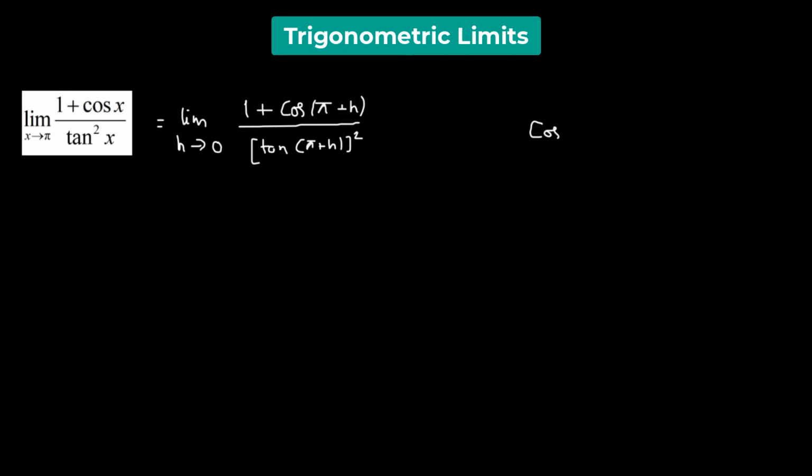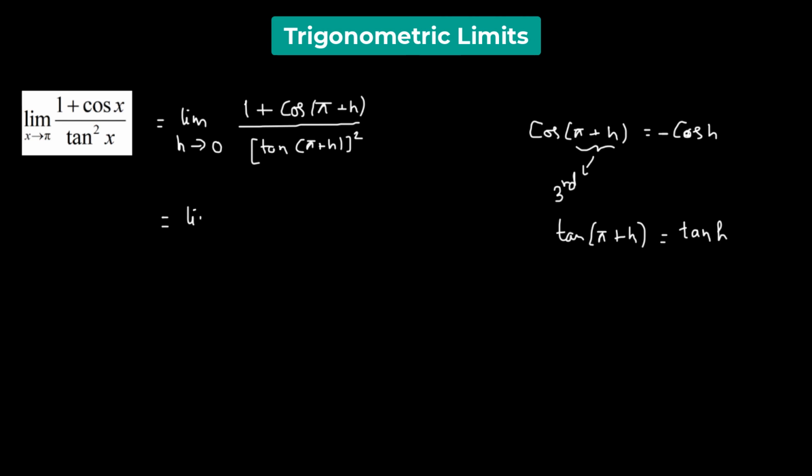Now cosine of pi plus h is equal to cosine of h, but pi plus h means we are in the third quadrant. So in the third quadrant, only the tangent function is positive. So that means we'll have a negative cosine of h, and that means tangent of pi plus h will be simply equal to tangent of h. So it will be positive in the third quadrant.